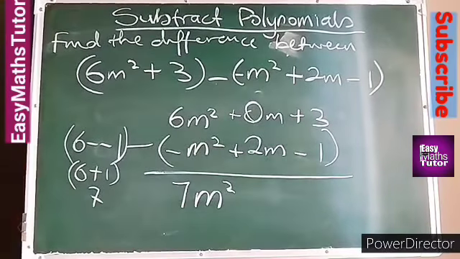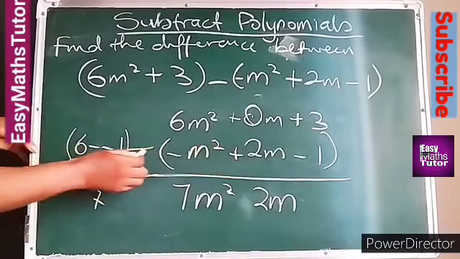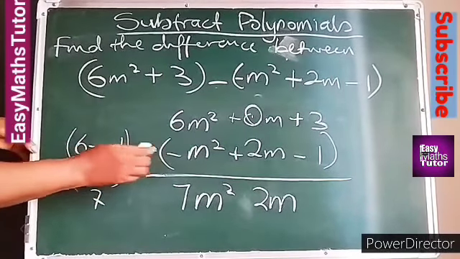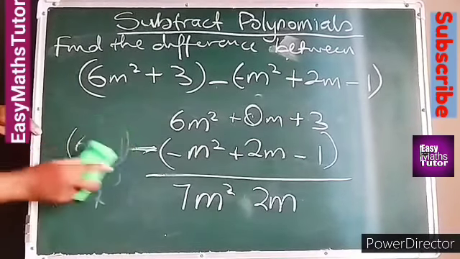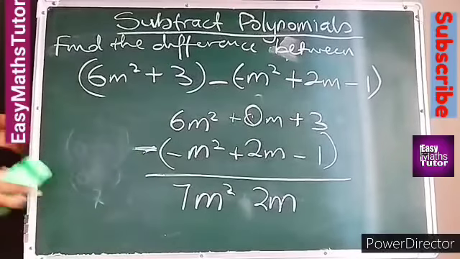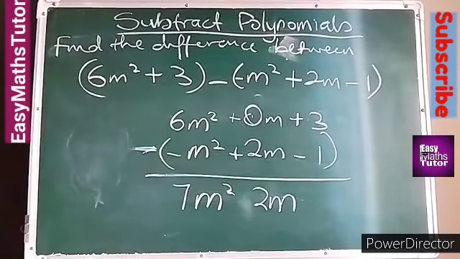So we'll have 7 here. Then we have to say 0 minus 2, because this minus has affected everything in this bracket, right?